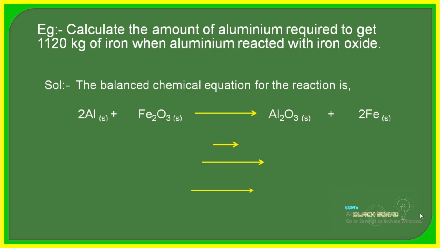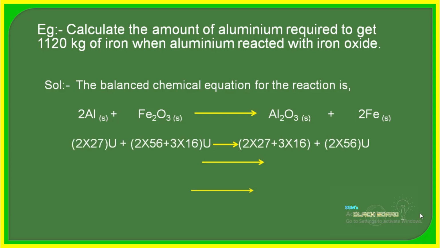First, let us calculate the unified masses of reactants and products. Here aluminium unified mass is 27 units, and 2 aluminiums are taking part, so 2 into 27 units, plus iron oxide Fe2O3. There are 2 iron and 3 oxygen atoms in the iron oxide compound. Iron unified mass is 56, oxygen is 16 units. So the molecular mass of iron oxide is 2 into 56 plus 3 into 16.